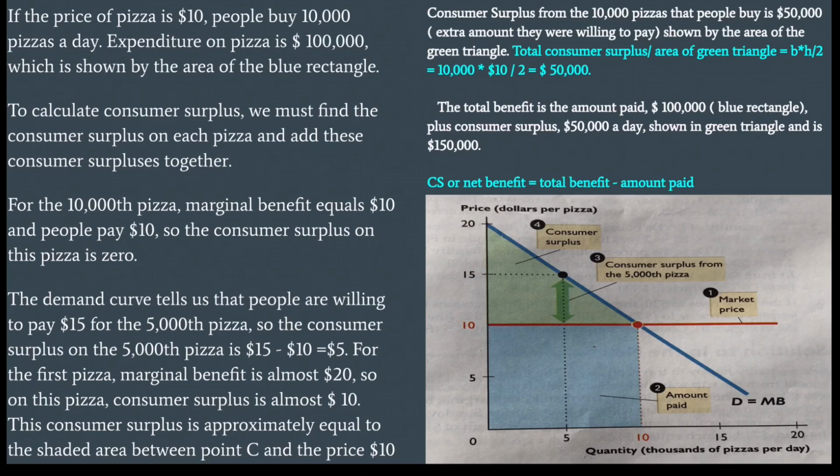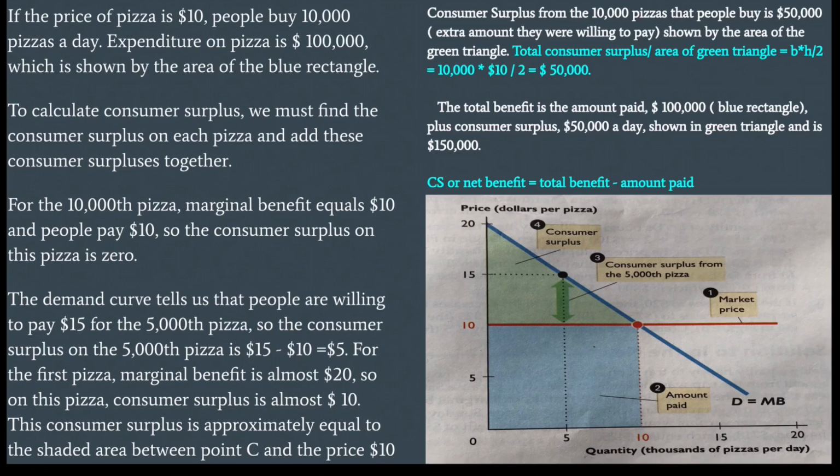The demand curve tells us that people are willing to pay $15 for the 5,000th pizza. So the consumer surplus on the 5,000th pizza is $15 minus $10, which is $5. For the first pizza, the marginal benefit is almost $20. So on this pizza, consumer surplus is almost $10. Surplus is approximately equal to the shaded area between point C and the price $10.